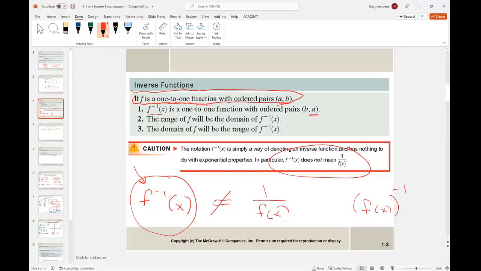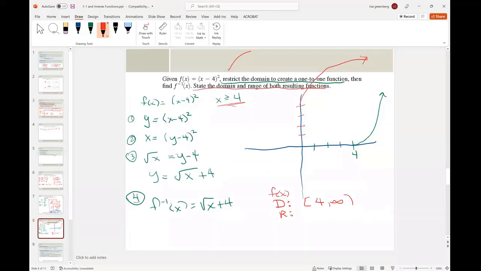If f is a one-to-one function, then I have inverses. If f is not a one-to-one function, I can't have inverses. It's impossible. So to begin with, because we're finding the inverse, we're restricting the domain and saying we're going to go from 4 to infinity only on this function. Okay, does that make sense?